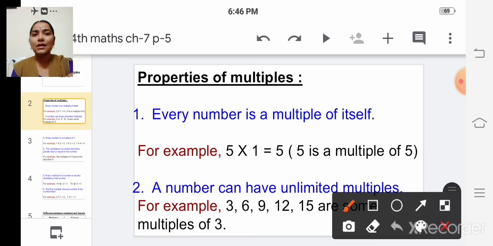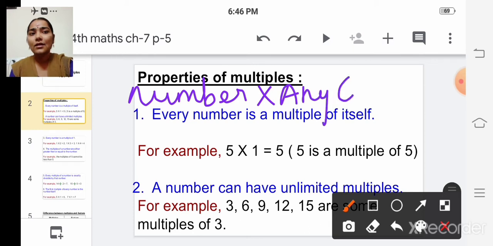So if we are going to find out the multiples of 3, what will we do? What is the formula for finding the multiples? The number into any counting numbers.